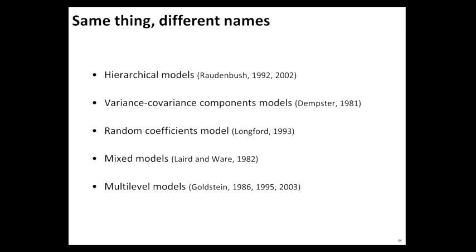If you come across different terminologies, obviously given the time constraint and the focus here being on the substantive aspects of multi-level perspectives, but if you come across all these different names, the hierarchical models, variance-covariance components model, random coefficients model, mixed models, multi-level models, they are essentially technically the same thing.